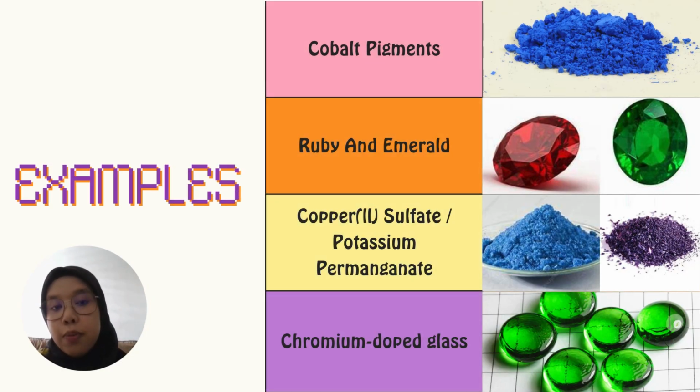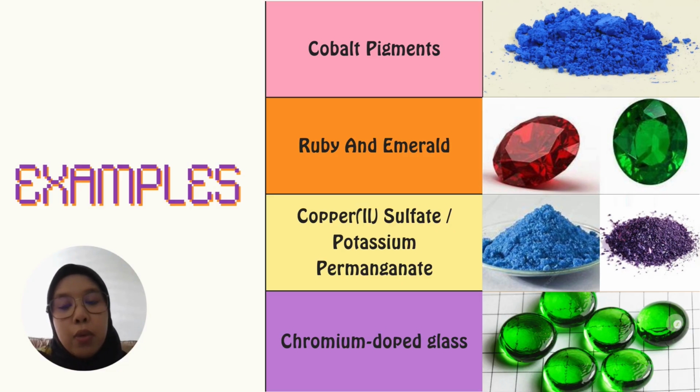An example that we can use for the pigments and dyes category is cobalt pigments. This cobalt pigment shows a blue color. This happens because transition metal complexes absorb specific wavelengths of light, producing strong and stable colors that are widely used as pigments. The next one is gemstones. When we think about gemstones, we know ruby and emerald are types of them.